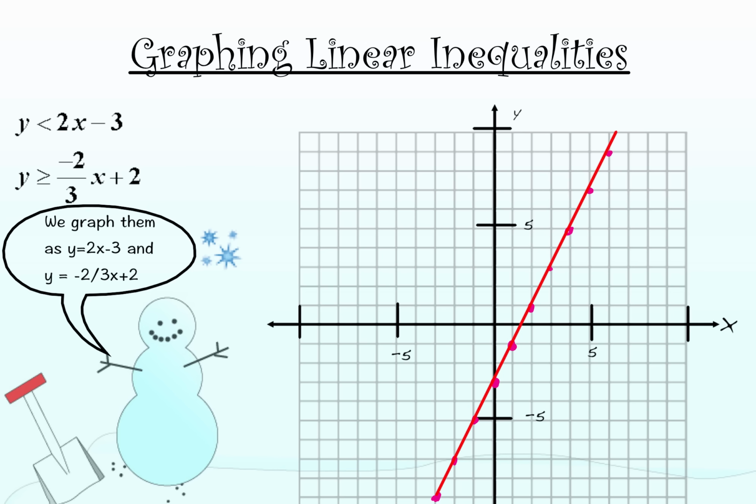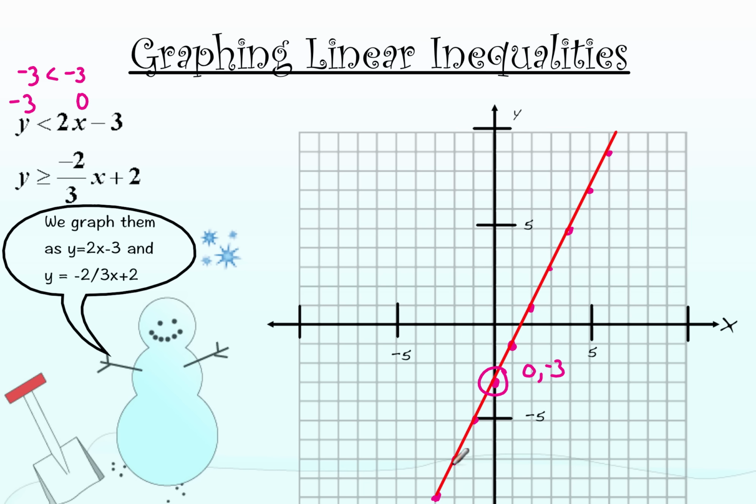And if we do an example, let's take the easiest point here. This is the point 0, negative 3. And if we put 0 and negative 3 in here and we did the math, we would come up with a false statement. Negative 3 is less than negative 3? No, of course not. It equals.